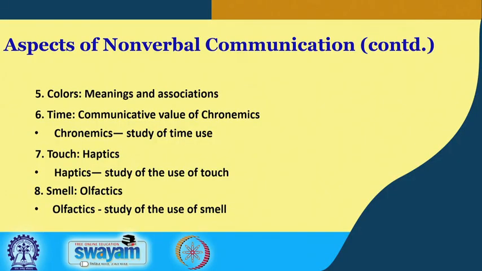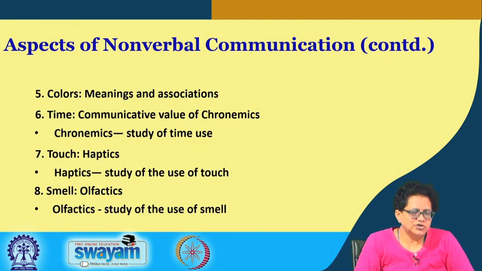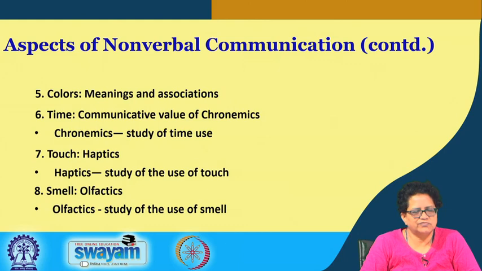So, that will be all, and in a funny manner you got to have a quick revision of nonverbal communication while we move on to numbers 5, 6, 7 and 8 of the 8 types of nonverbal communication.